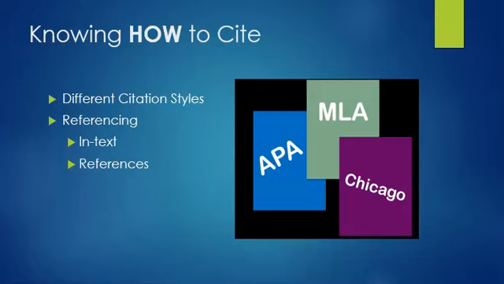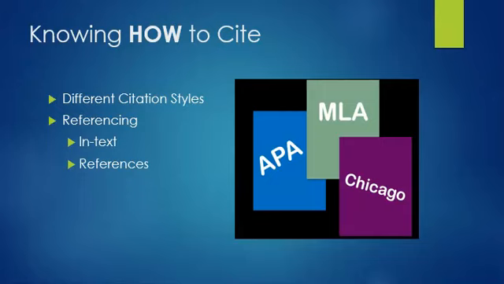These styles inform how one formats the paper in terms of headers, spacing, footers, labeling of graphics, referencing, and so on. At USC, the dominant citation style used is APA, but we also use MLA, Chicago, and others. Don't worry, Ushans. All of this will be covered in another video, so stay tuned for that.